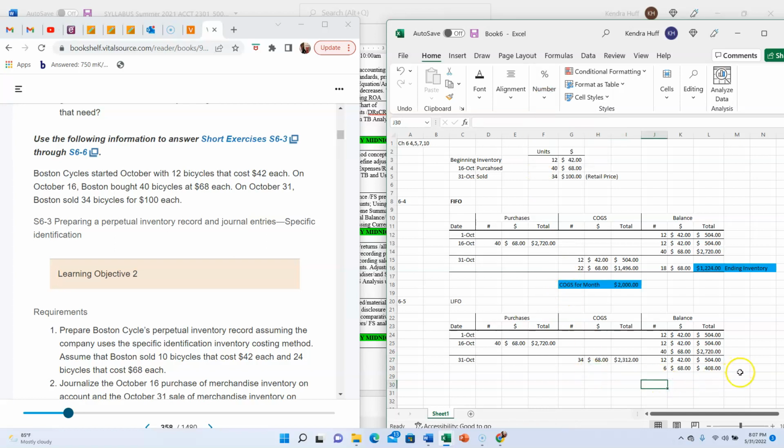All right, so I add these two together. This is my ending inventory. And this, I only had the one transaction, but if you had more than one, you would add up the column.